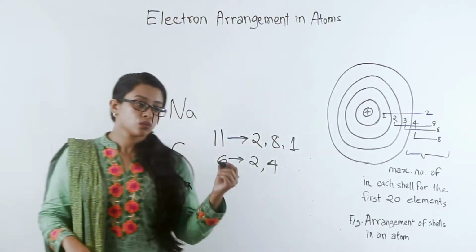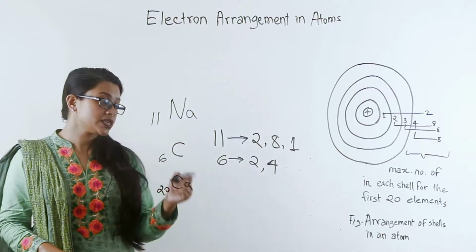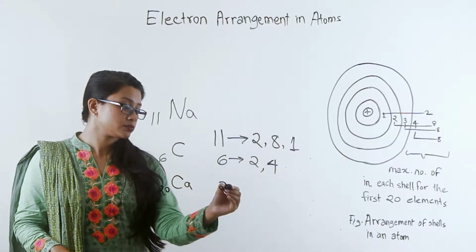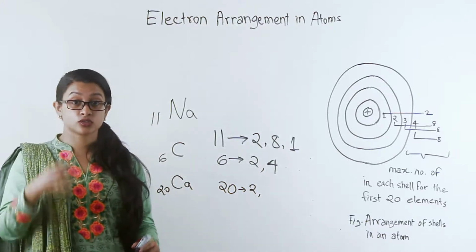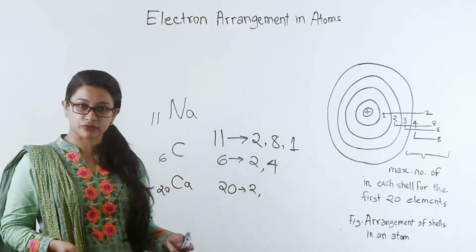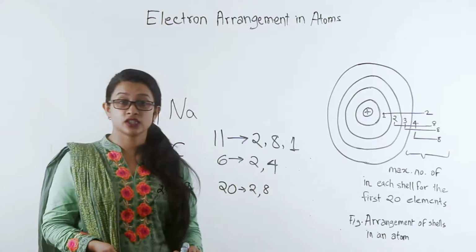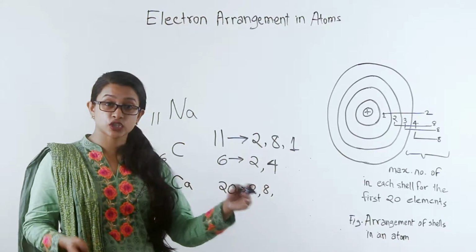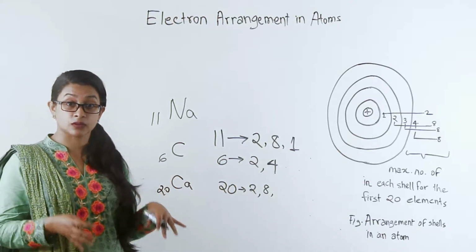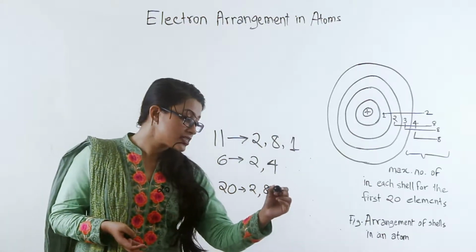Okay? So, if we were to break down 20, what we would do is 2 in the first shell. So 18 more are left, right? 8 in the second shell. So 10 more left. And then we know after the second shell, the third shell can also house a maximum of 8, right? So 8.